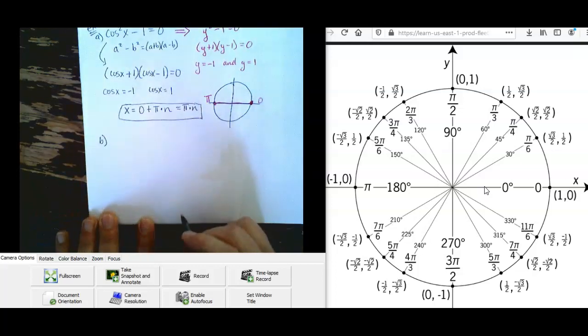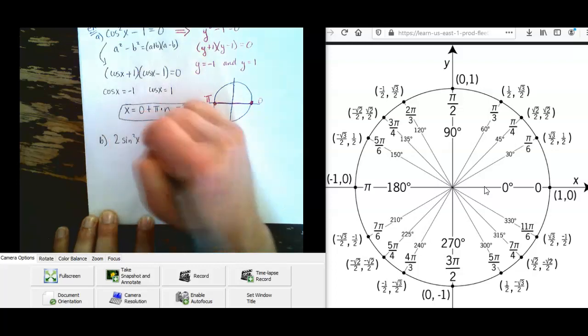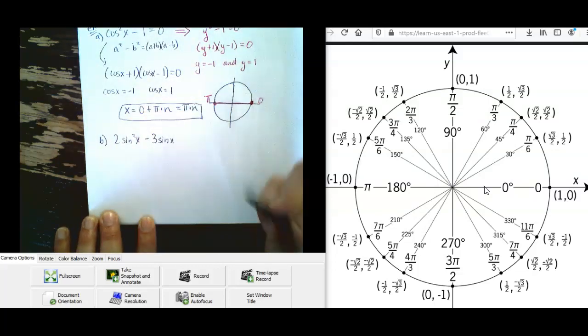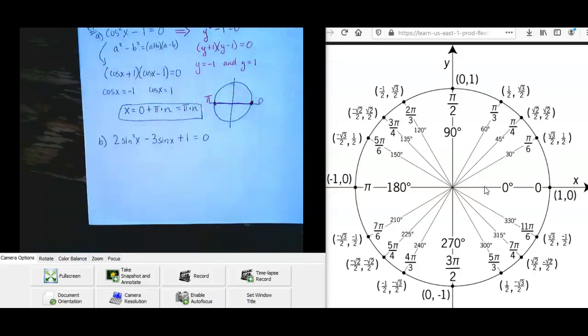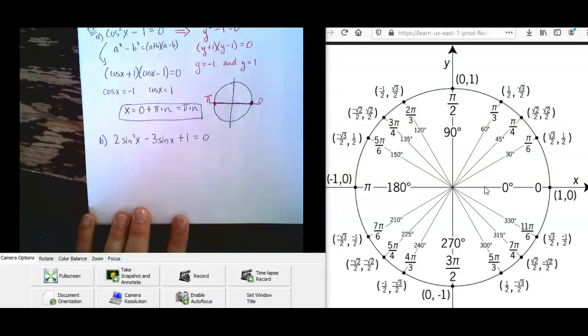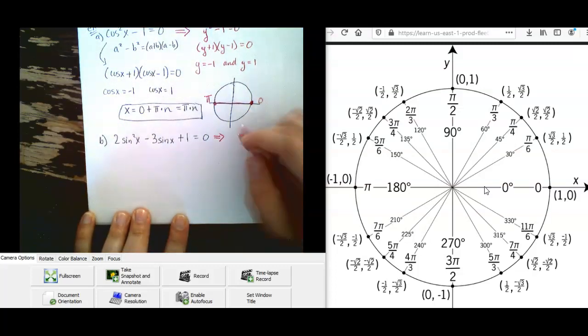Okay. Let's try another one. Let's try 2 sine squared x minus 3 sine x plus 1 equals 0. This one is quadratic because it has that square term on it, and it reminds us of an algebraic equation like 2y squared minus 3y plus 1 equals 0.